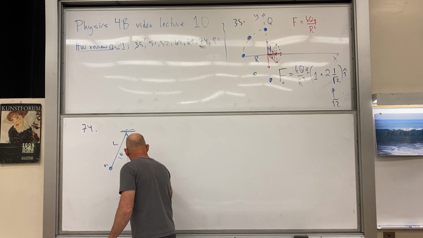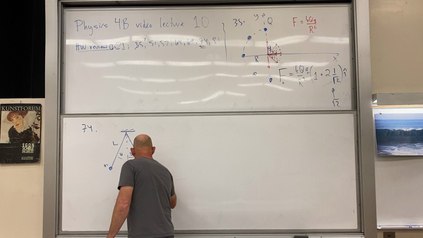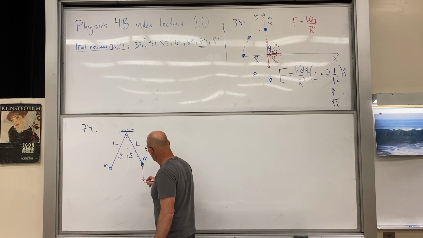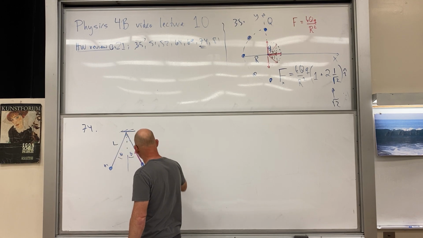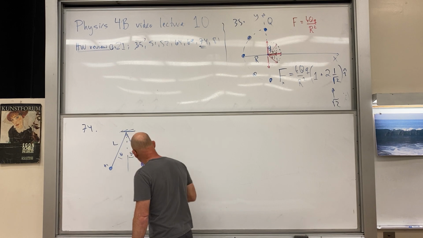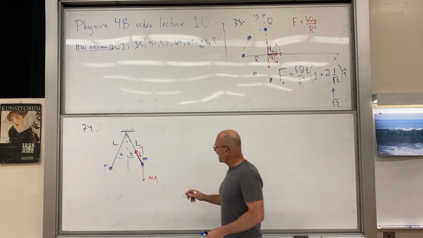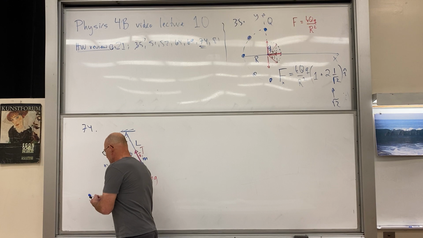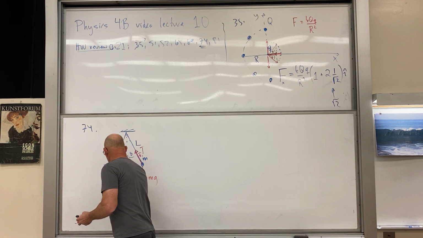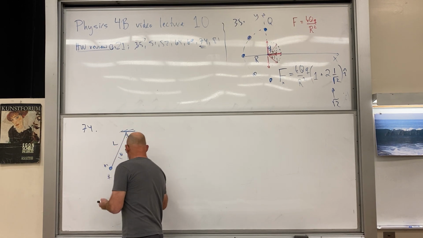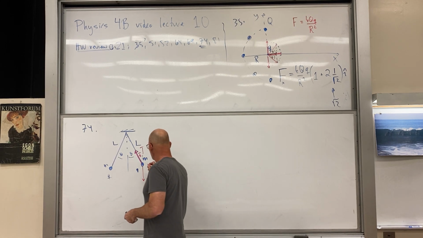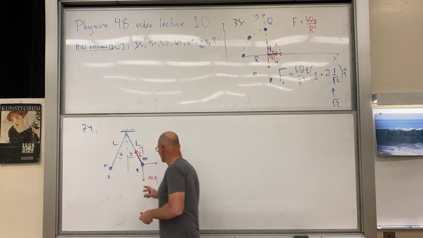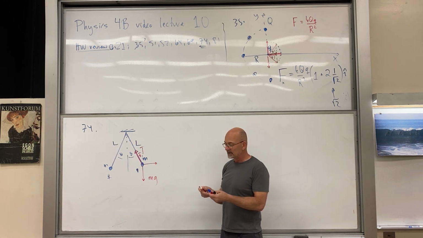We have here mg. We have a tension. This angle theta is found there as well. And we have charge, so we should put the Q and Q on here. So we have charge so that there's an electrical repulsion, and the whole situation is symmetric, so if we just analyze this one, we'll be good.